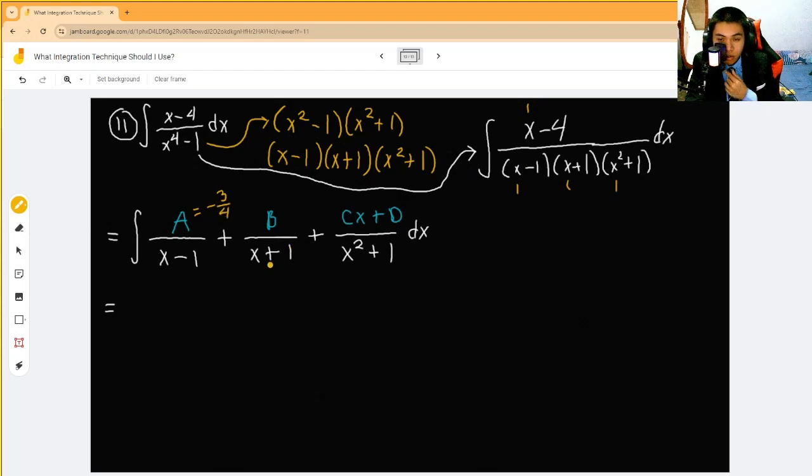And for this one, to make this undefined, we simply have to set x to be negative 1 and we cover it up. All right, see if I'm doing it right.